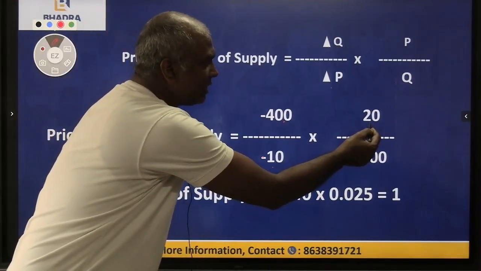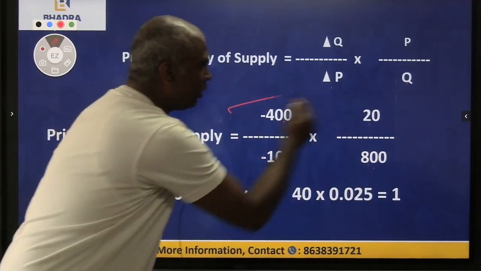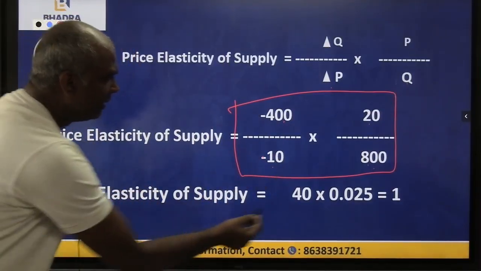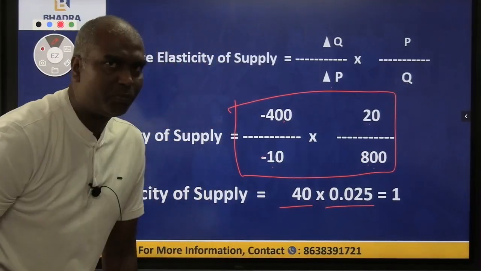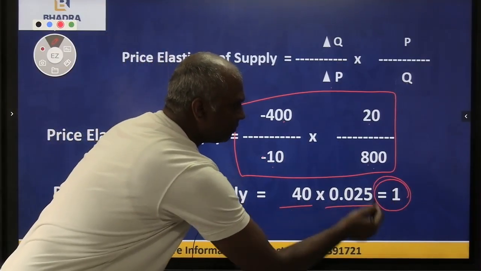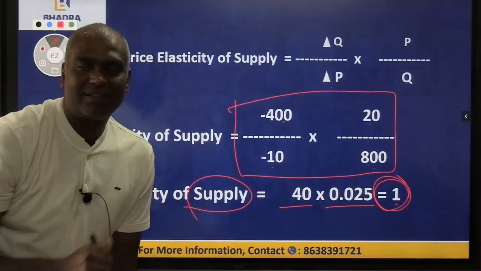Now original price was 20, original quantity is 800. If you solve this equation, 400 divided by 10, you will get 40. 20 divided by 800, you will get 0.025. You multiply this, you will get price elasticity of supply equal to 1.